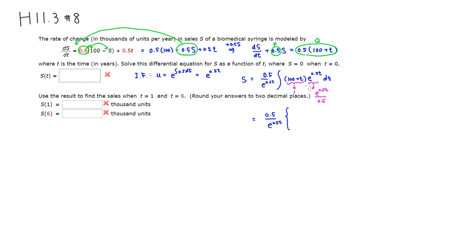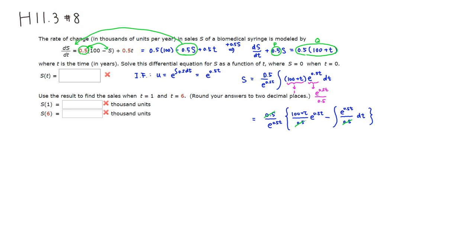We multiply these, so we have 100 plus t over 0.5 e to the 0.5 t, minus the integral. This times that, so we have e to the 0.5 t over 0.5 dt. The good thing is we have 0.5 on top and 0.5 on the bottom, so they both cancel out, and it looks nice here.